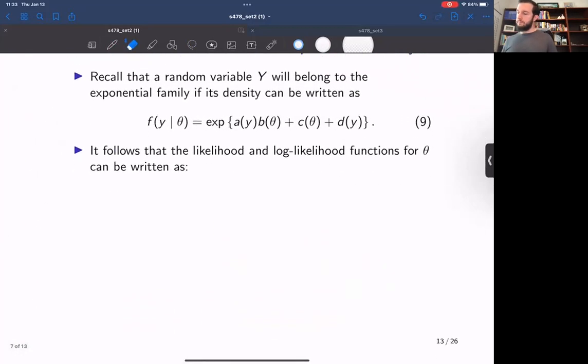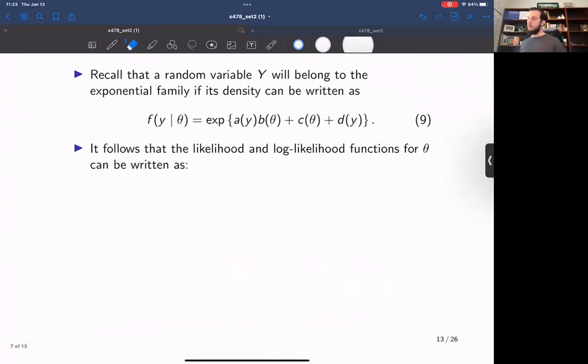Okay, so we know that the density of y from the exponential family can be written in the form shown here. We've seen this on multiple occasions now. From this expression, we can easily derive a statement for the likelihood function and for the log likelihood function.